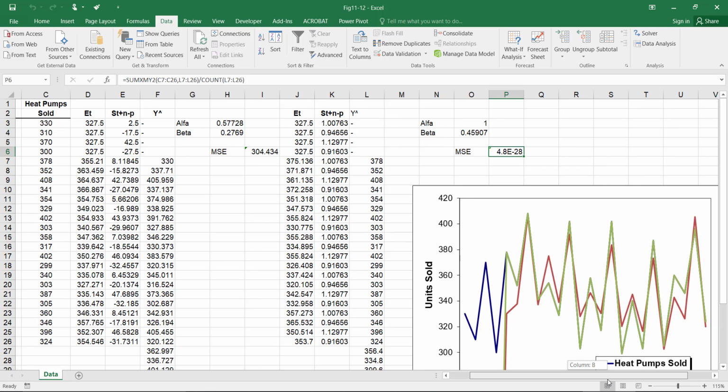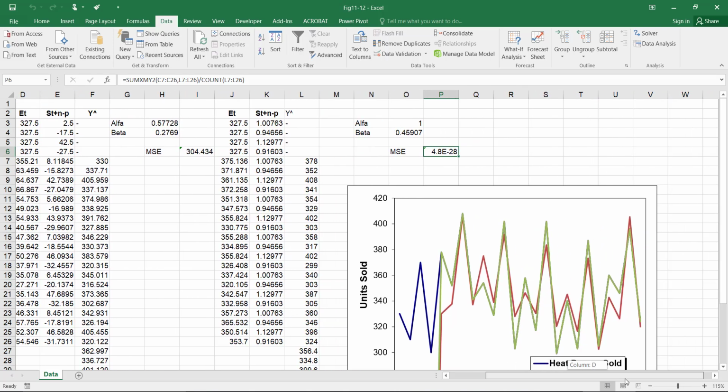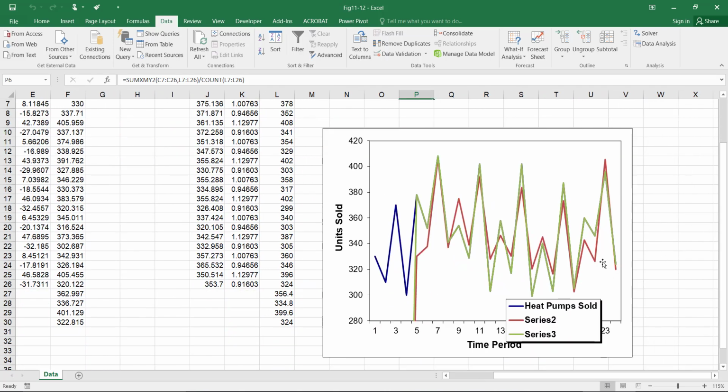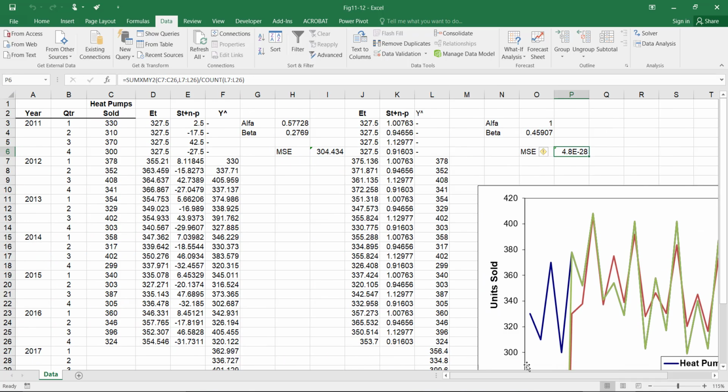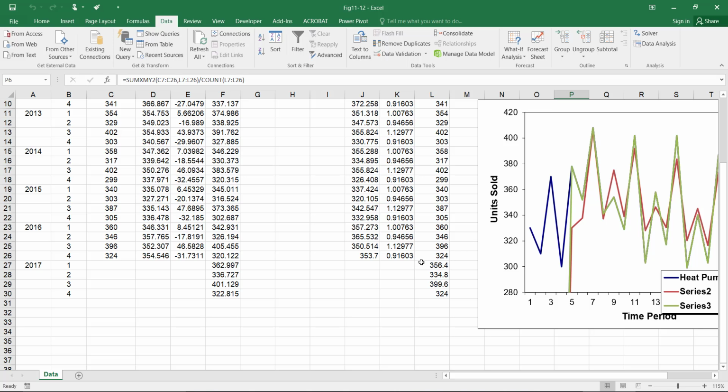You can see the error is pretty much 0. That's perfectly matching the data, and you can see the green line, which is the multiplicative part, is exactly matching the data, even better than the additive. So here we can use the multiplicative part, and we can be pretty sure that the value we are getting as a forecast is better.